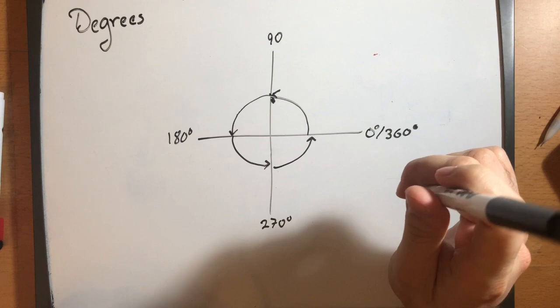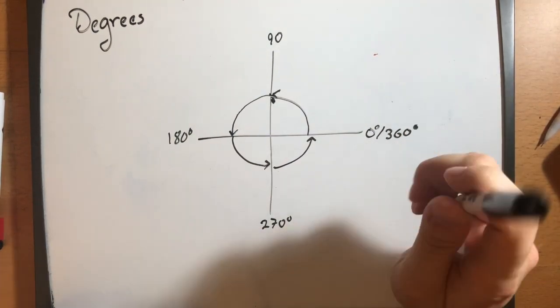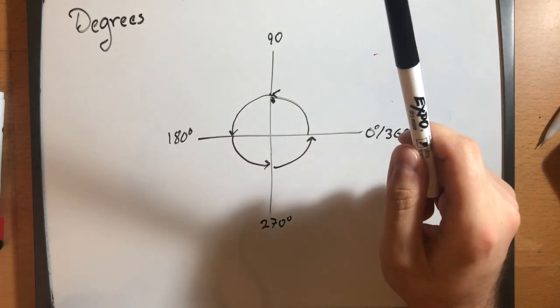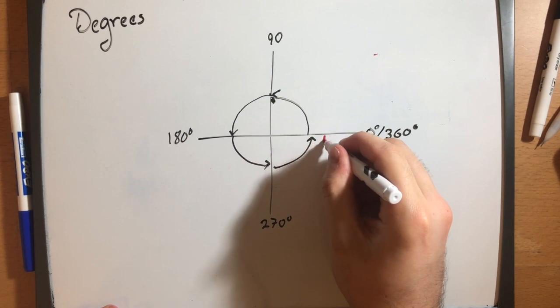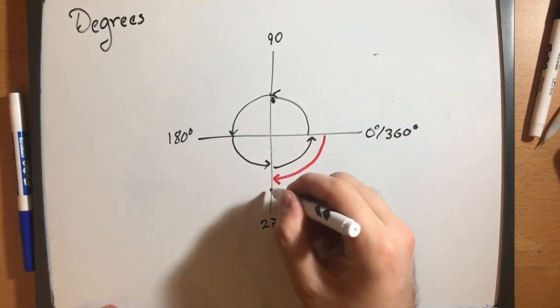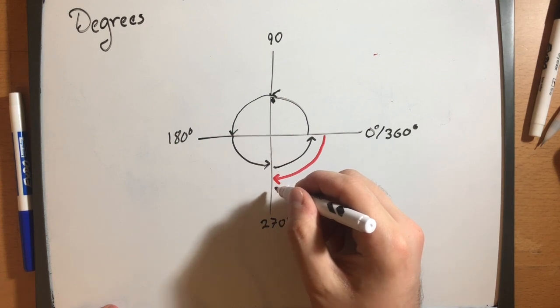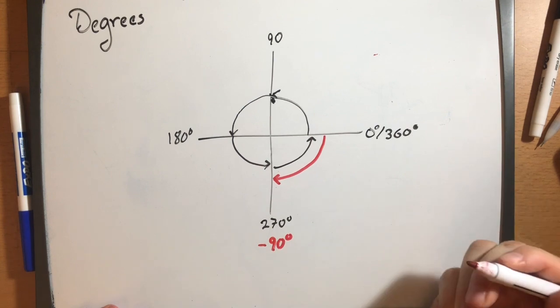However, now, remember how we talked about negative angles. What if the terminal side moved clockwise instead? If the terminal side now were to move in a clockwise direction, this angle here would actually be negative 90 degrees.